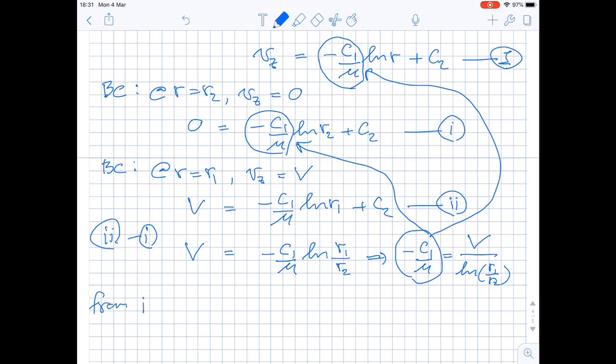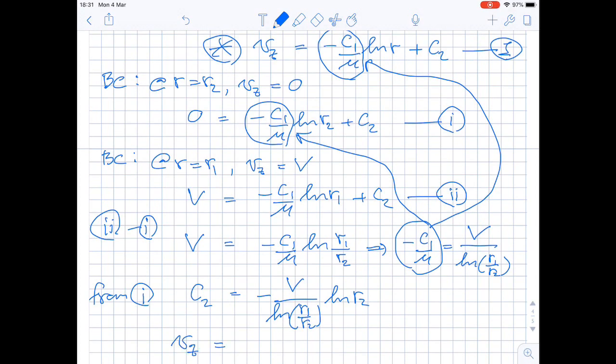So from equation 1, I can solve for C2. And C2 would basically be minus V over logarithm of R1 over R2 times logarithm of R2. So knowing minus C1 over mu and C2, then I can replace into the original equation to get velocity.